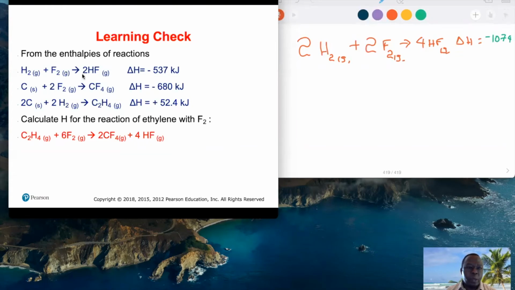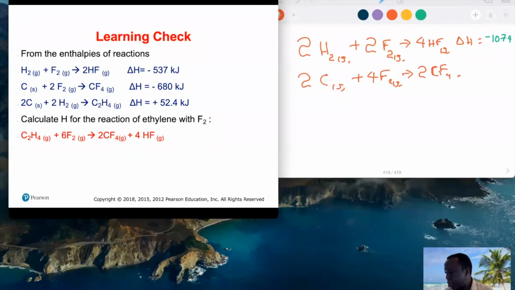If I look at equation 2, carbon tetrafluoride, CF4, we have 2 of it. We don't need to flip chemical equation 2 here. That means we'll have to multiply by 2 to end up with 2 moles of carbon tetrafluoride. So it is 2 carbon solid plus 4 F2 now, because I'm multiplying by 2, to produce 2 moles of carbon tetrafluoride gas.